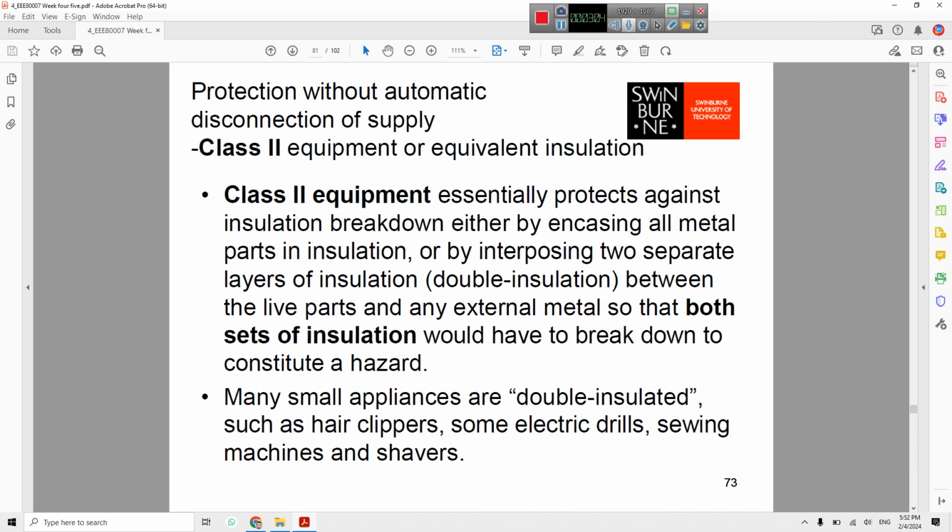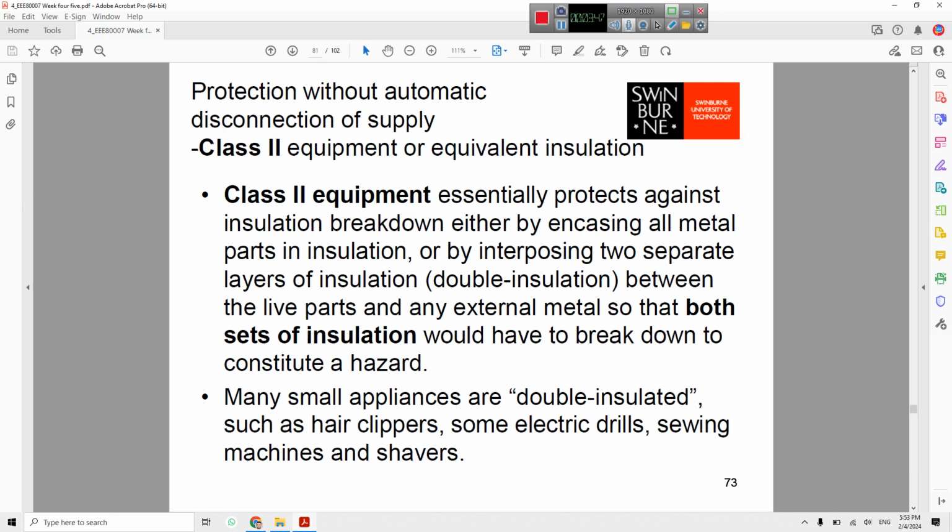The next slide talks about class 2 equipment for insulation. Class 2 equipment essentially protects against insulation breakdown, either by encasing all metal parts in insulation, or by interposing two separate layers of insulation, meaning double insulation, between the live part and exposed metal, so that both sets of insulation would have to break down to constitute a hazard.